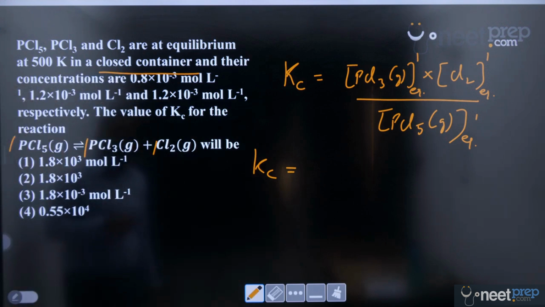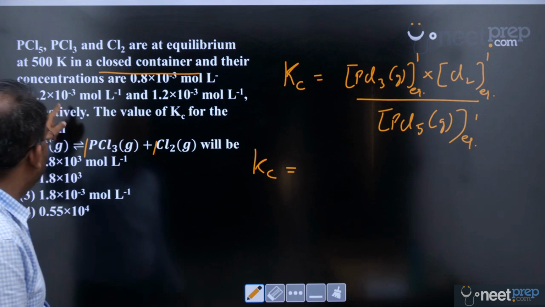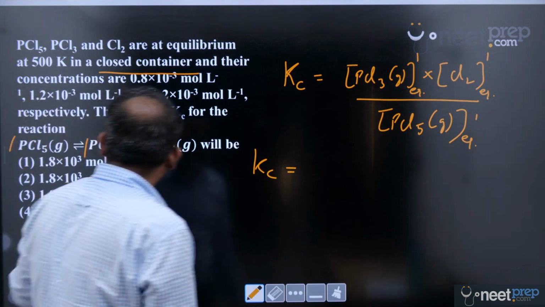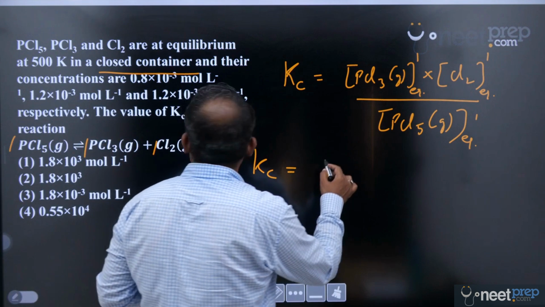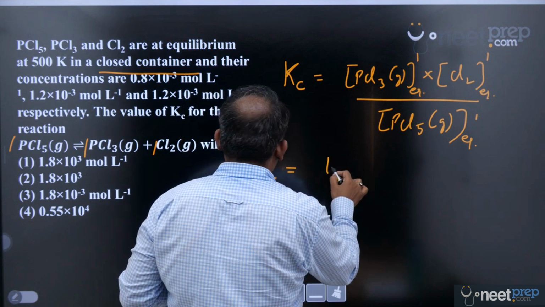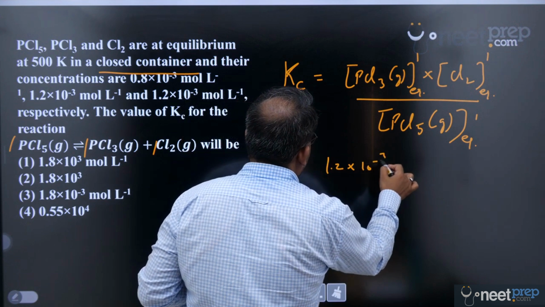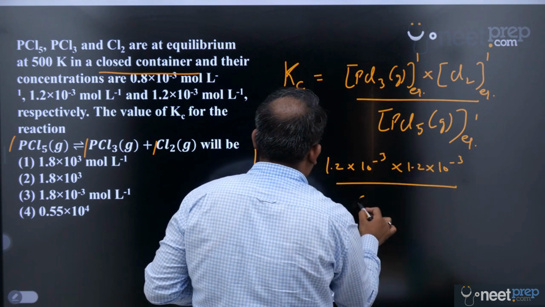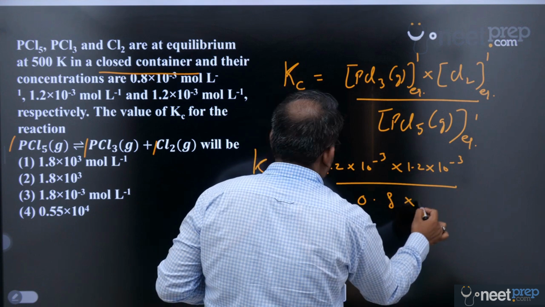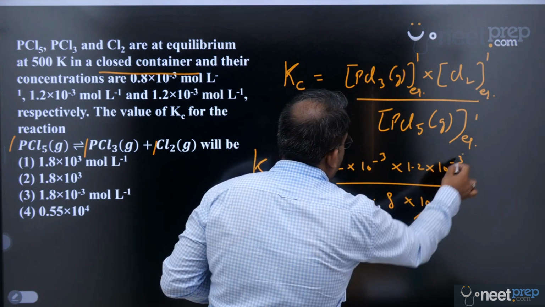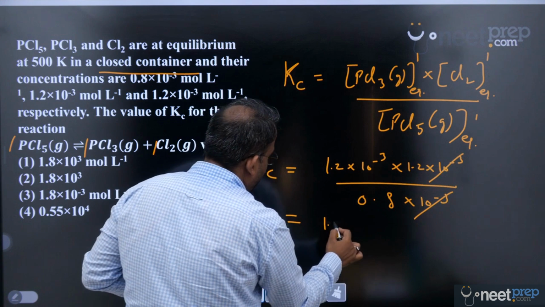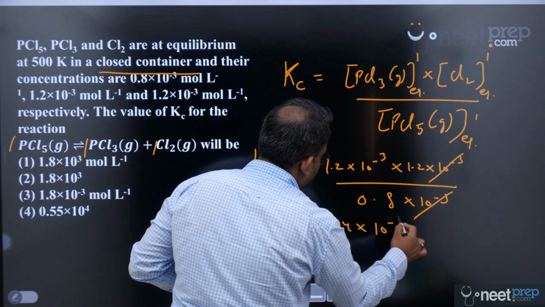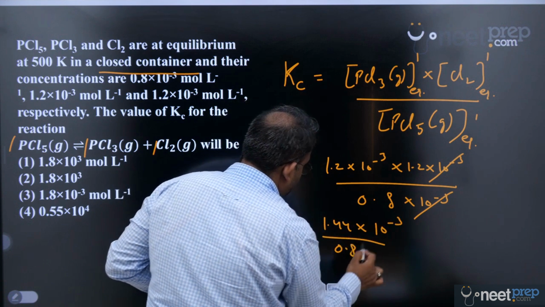So I have been given the values of the two products and one reactant. Their values are 1.2 into 10 to the power minus 3, 1.2 into 10 to the power minus 3, upon 0.8 into 10 to the power minus 3. I have to do some maths now. 1.44 into 10 to the power minus 3 upon 0.8.